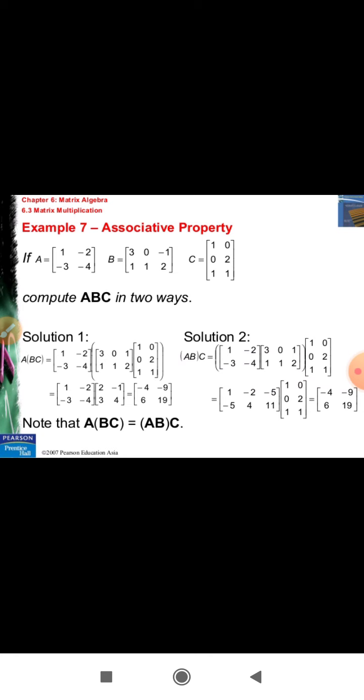Note that A(BC) is equal to (AB)C. It means on the left hand side B and C are multiplied, then multiplied with A, and on the right hand side A and B are multiplied, then multiplied by C. If both are equal, then we can say this is associative.